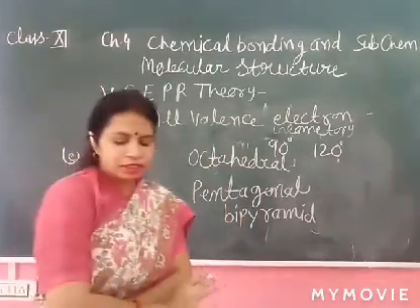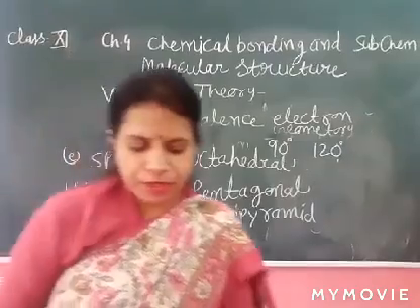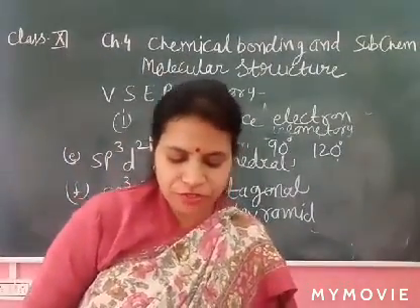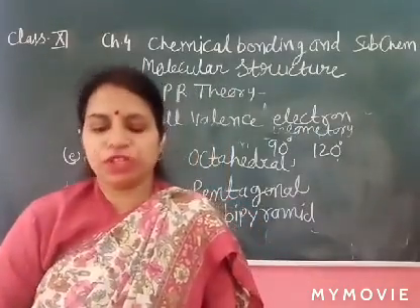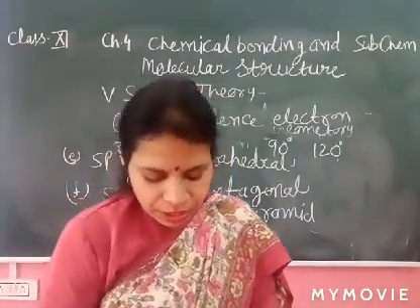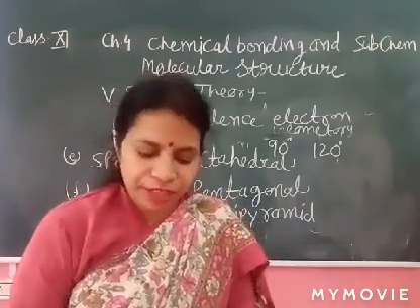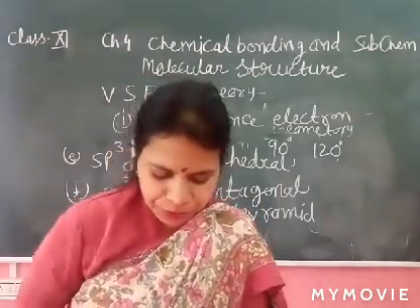Now it's clear. We will discuss these points in hybridization: how the geometry changes, how the shape of the molecule changes, and how the bond angle is different. There are different examples.